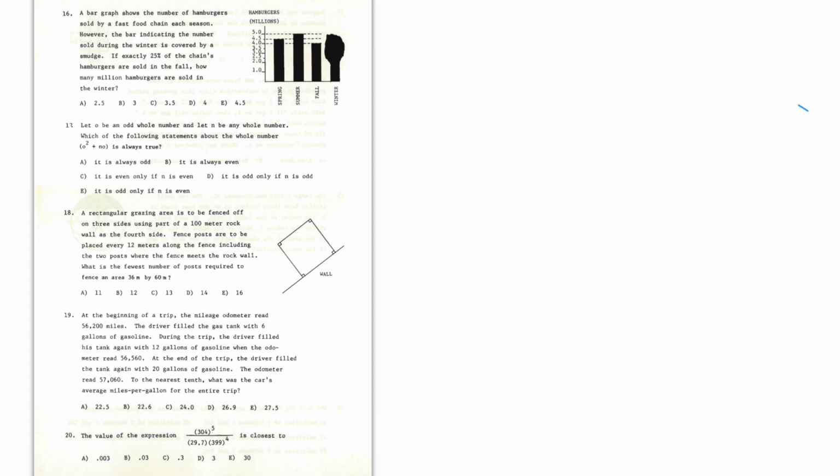If exactly 25% of the chain's burgers are sold in the fall, how many million burgers are sold in the winter? 25% of the burgers sold in the fall, the burger is 4 million. 4 million is 25% of the all year's sales.